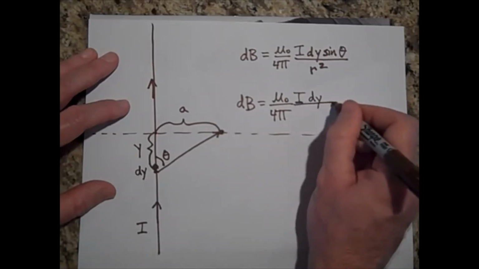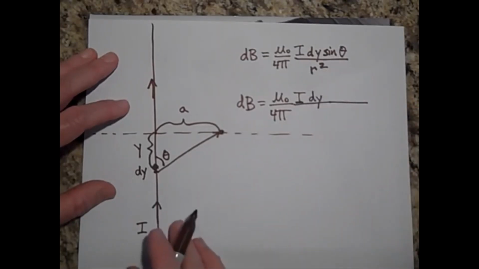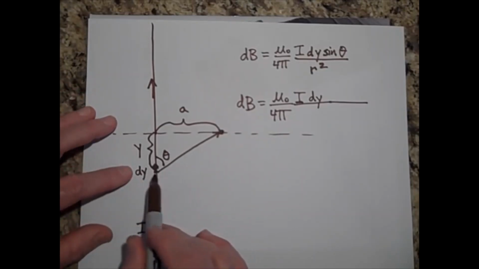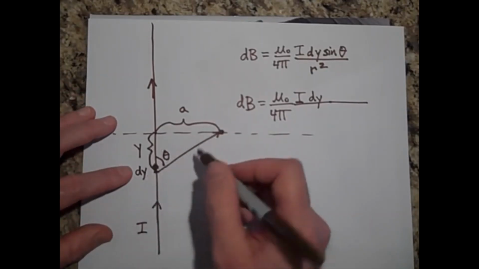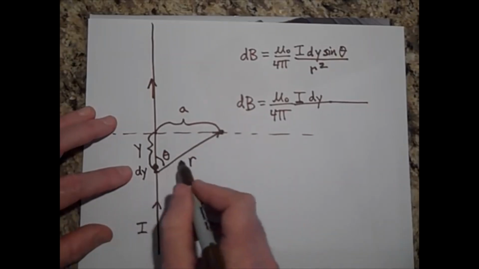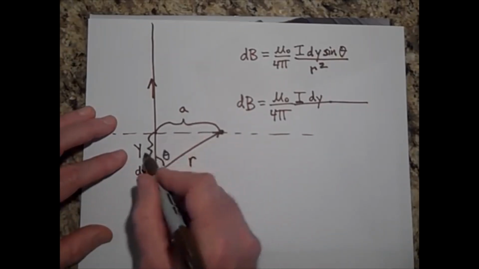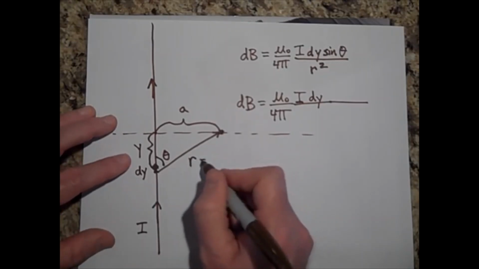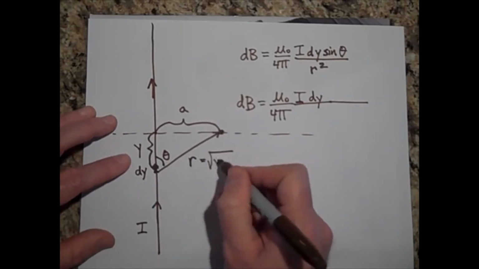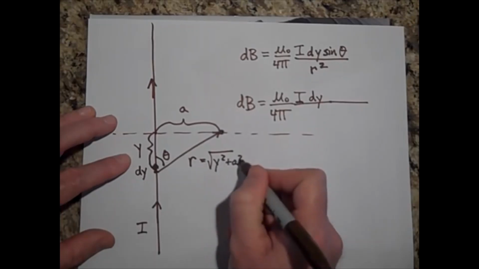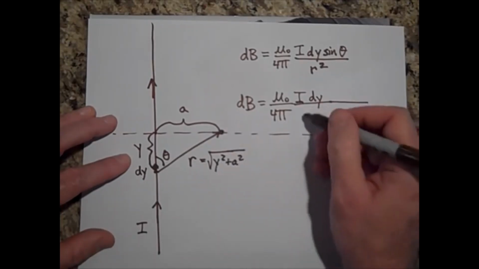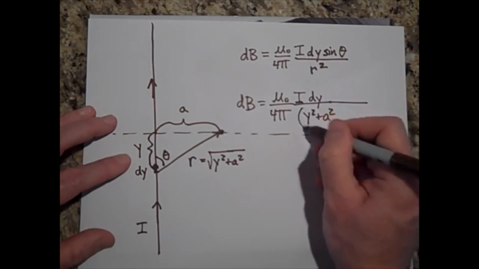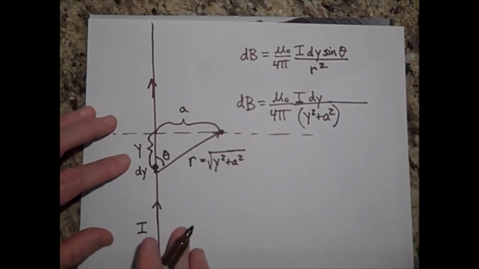To get r squared in terms of y, if this is r, I can use the Pythagorean theorem. Turns out that r is equal to the square root of y squared plus a squared, and when I square that, I get just that.